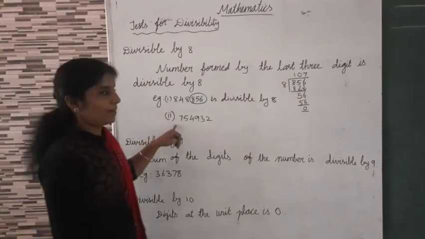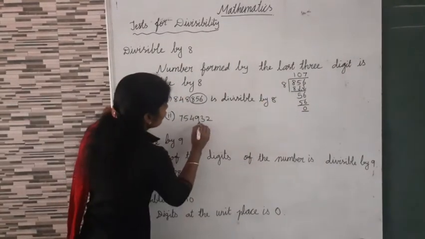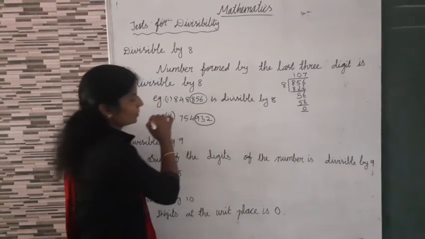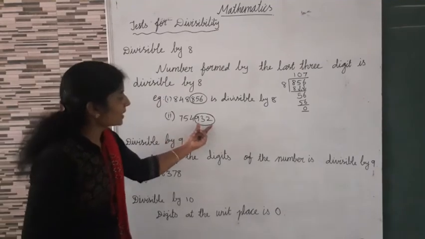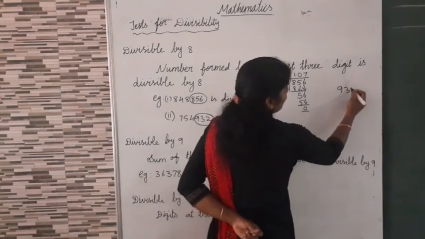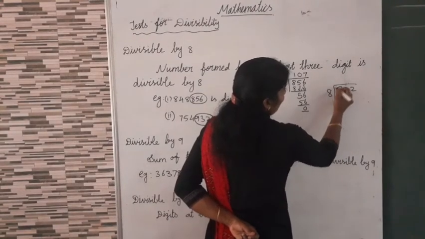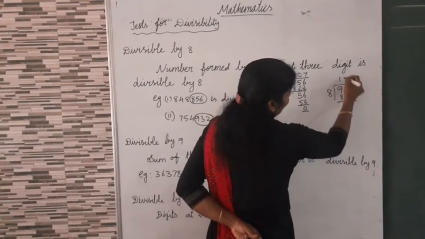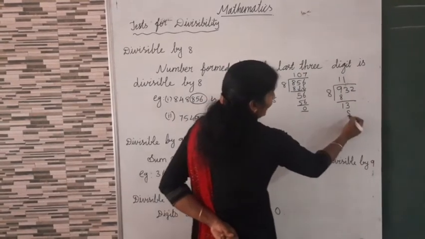Okay, one more example. Here, 7,54,932. Now we can take the last 3 digits, 932. 932 divided by 8. 1 8 is 8. 1 balance, 13. Again 1 8 is 8.